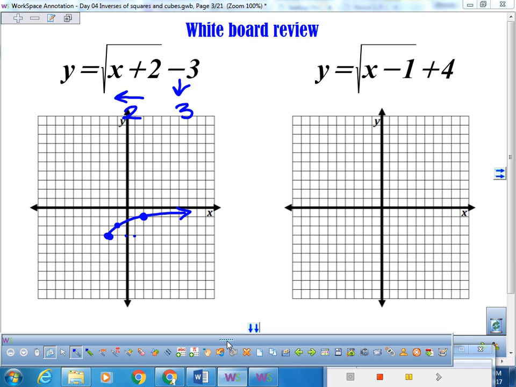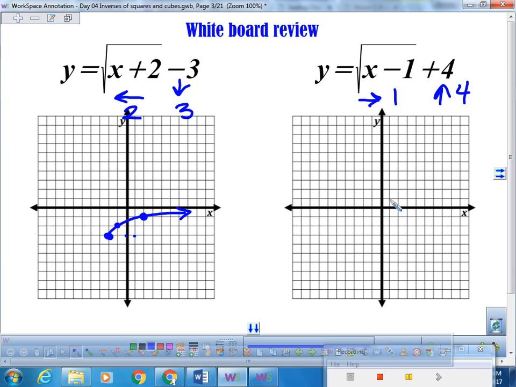All right, so this is to the right 1 and up 4. So we're going right 1, up 1, 2, 3, 4. Square root of 1 is 1. Square root of 4 is 2. Did that just click for some of you? Yeah? I kind of felt like the light bulbs went on. Okay. Fantastic.